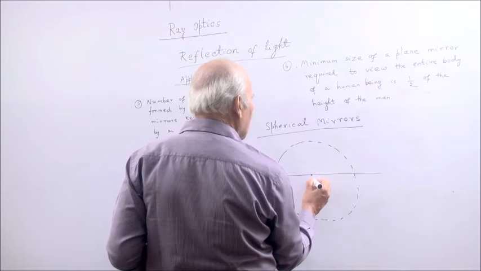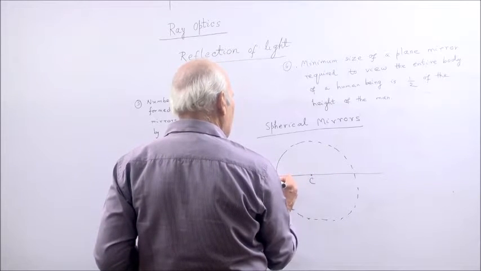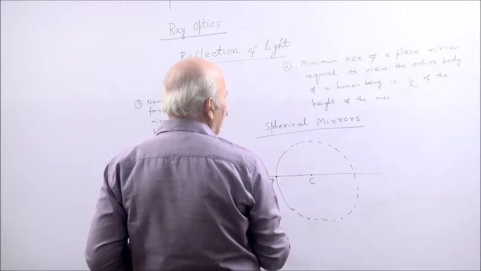So, this is called the center of curvature and this is your pole. This point is called the pole.